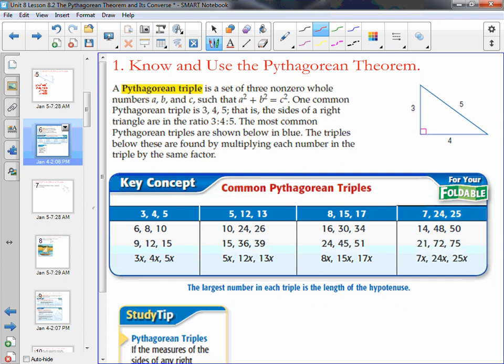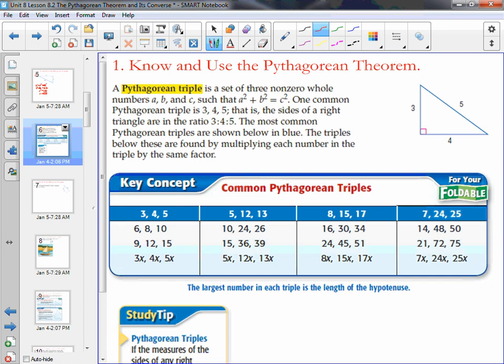Now, whenever the lengths of all three sides are whole numbers, that's called a Pythagorean triple. So there have to be two conditions met for a set of three numbers to be a Pythagorean triple. The first condition is they have to all be whole numbers, and the second condition is one of them squared plus another one squared equals the third one squared.